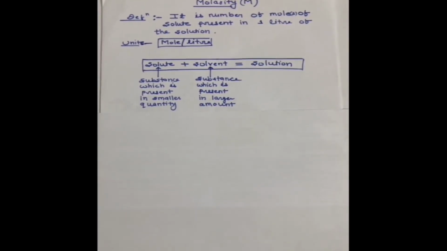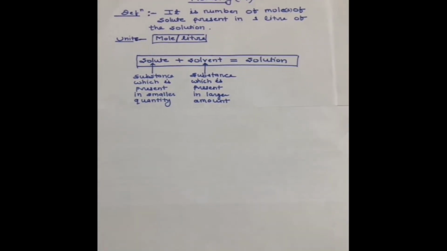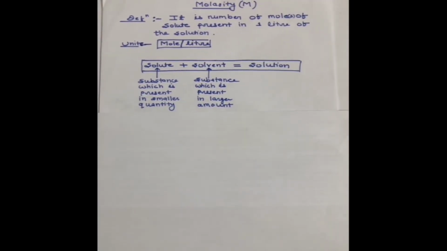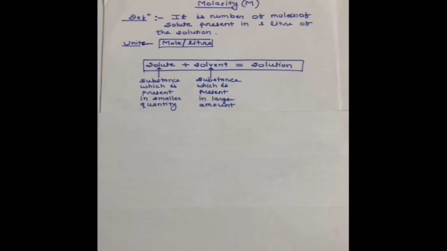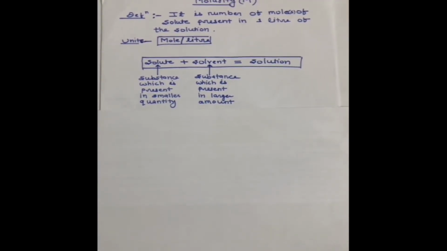Now, as we studied, molarity means the number of moles of solute. So what is the meaning of solute and what is solution? Let's consider a binary mixture where two components are present.